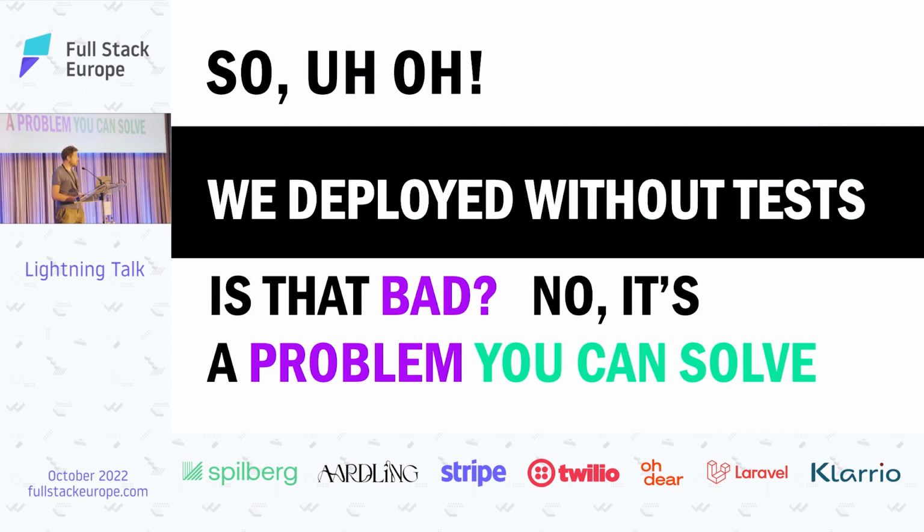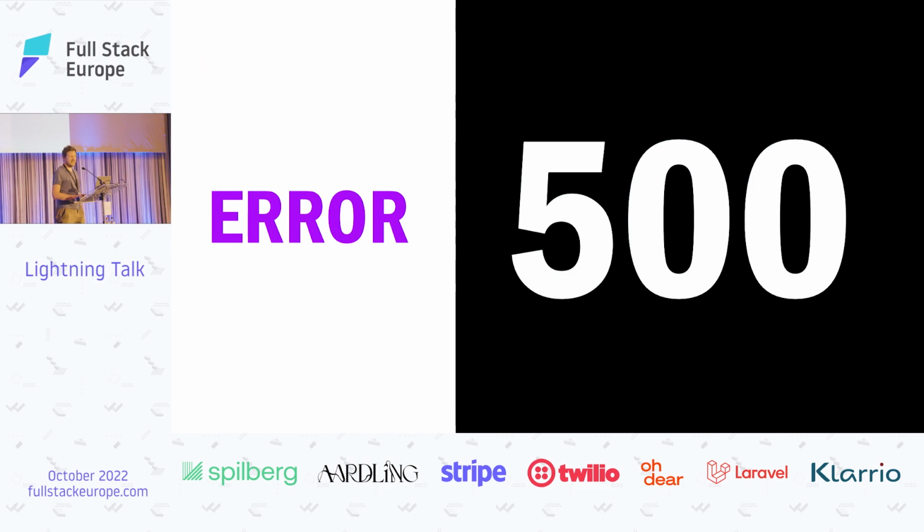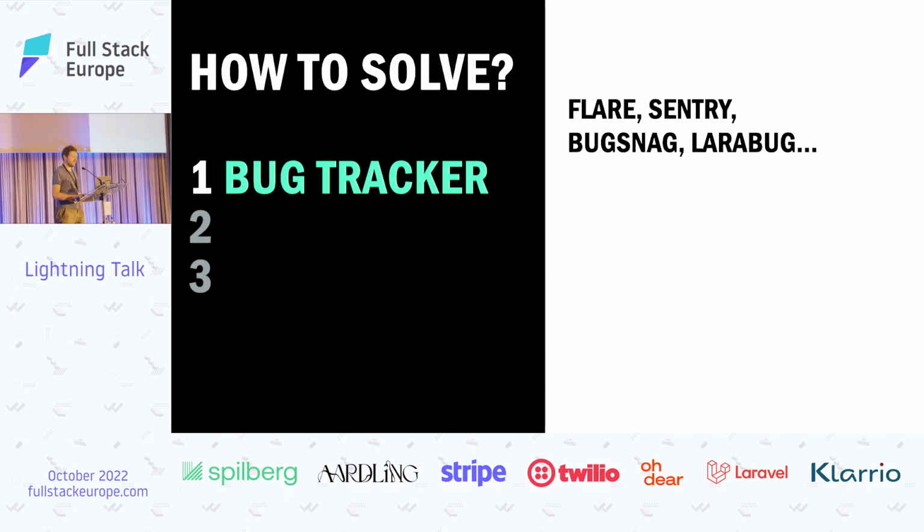And do you know which problem it is if you deploy without tests? It's a very well-known problem. It's error 500 that your user sees, and you don't see it. But it's solvable. The only thing you need is a bug tracker. And I don't care which one you choose.